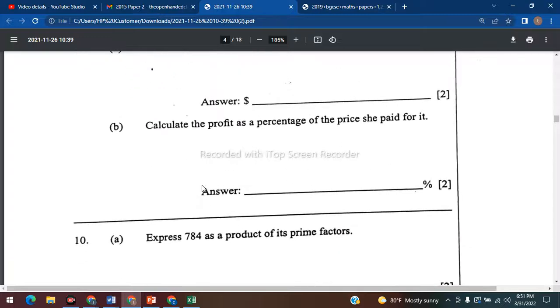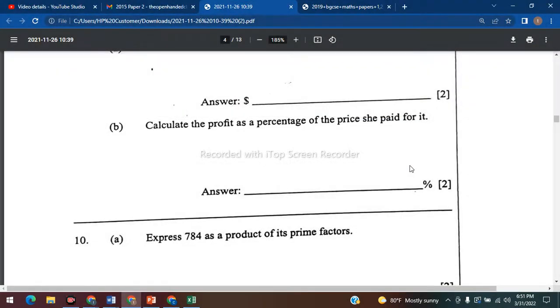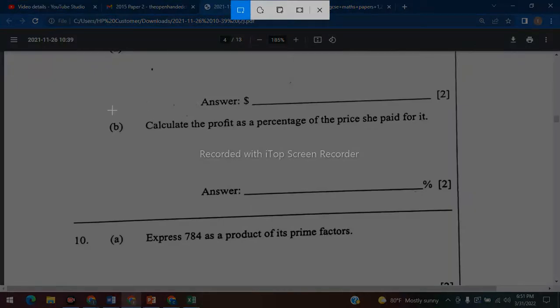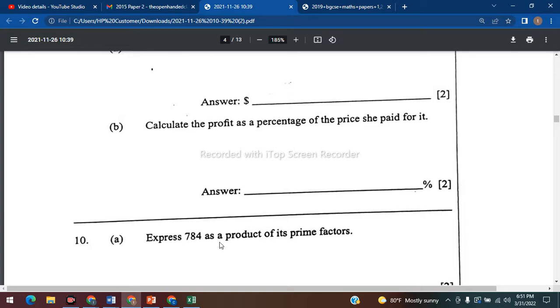So the next question says calculate the profit as a percentage of the price she paid for it. Two points.